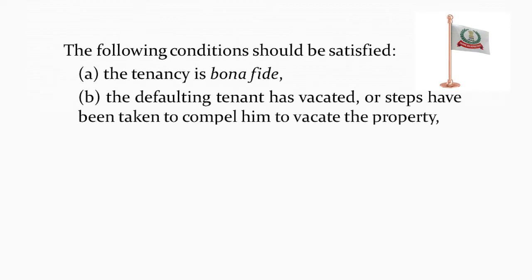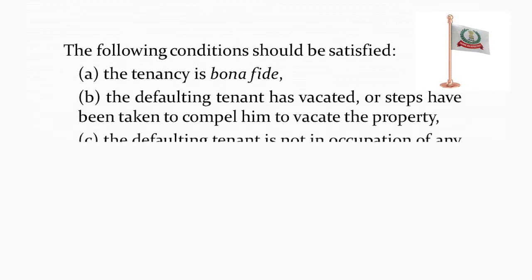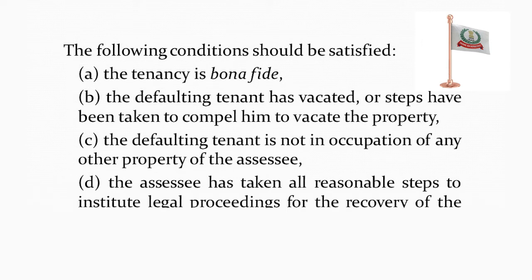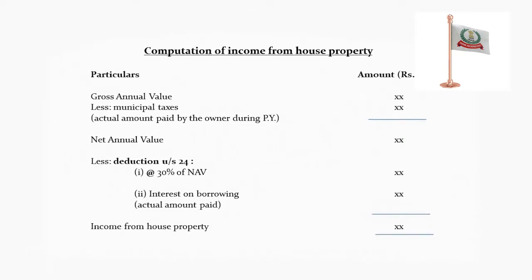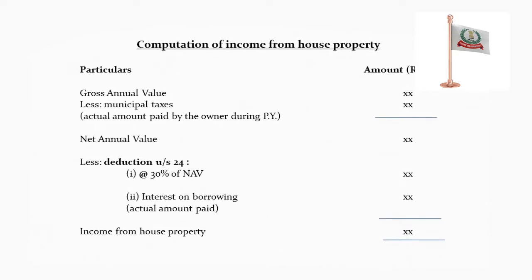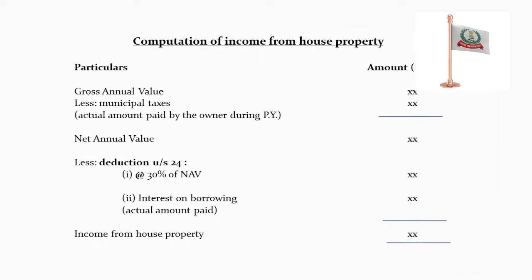Such tenant is not in the occupation of any other house property like property B. Such tenant has been served with a legal notice, and all reasonable steps have been taken to compel the tenant to vacate the property. Now, it is worthwhile to discuss other deductions available from net annual value.